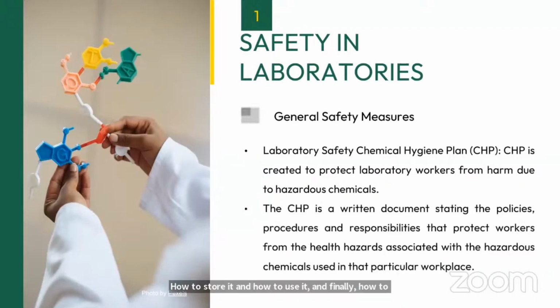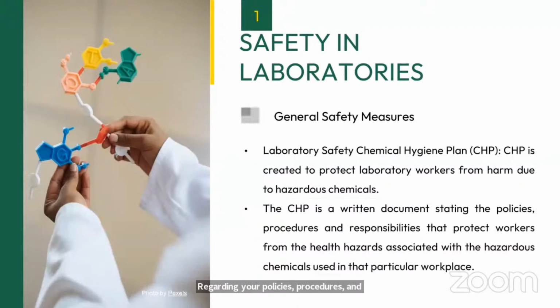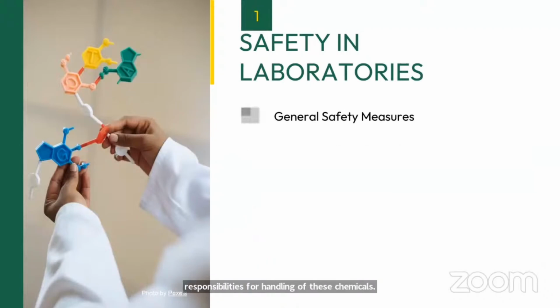The chemical hygiene plan is a written document stating the policies, procedures, and responsibilities that protect workers from the health hazards associated with hazardous chemicals used in that particular workplace. Here they mention what should be included regarding your policies, procedures, and responsibilities for handling these chemicals so that workers can use those documents for their safety.